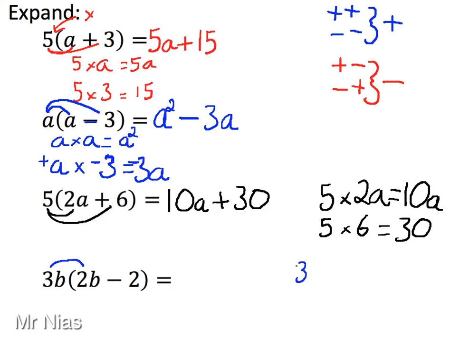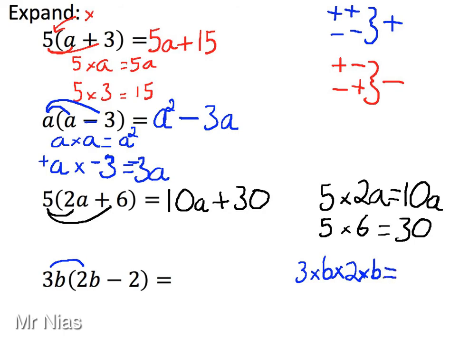Well, think of 3b as 3 times b. And let's think of 2b as 2 times b, because we know that's really what it means. And we're multiplying those two things together. So 3 times b times 2 times b. And they're all multiplied together.